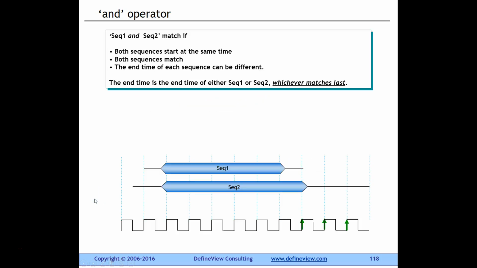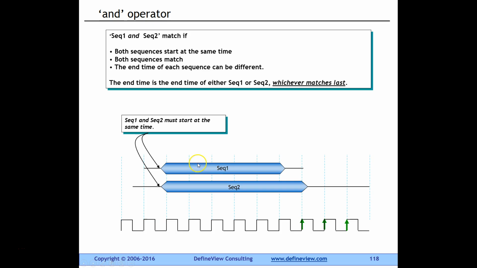Some of these could be quite intuitive. For an AND, both sides can be sequences, and an AND is considered to pass if, and this is important, both sequences start at the same time, and both must match. Because it's an AND, obviously the end point of each sequence can be different.